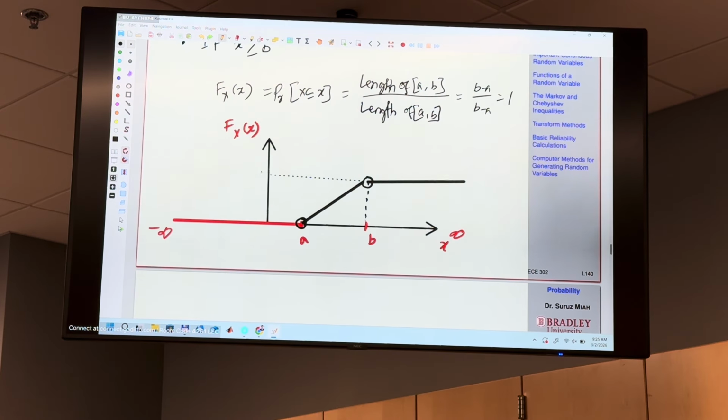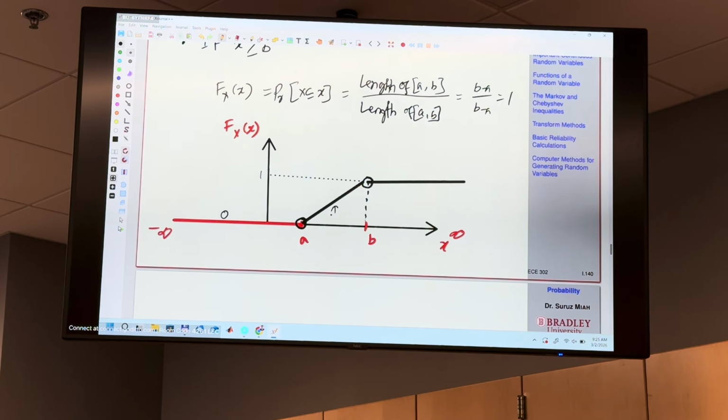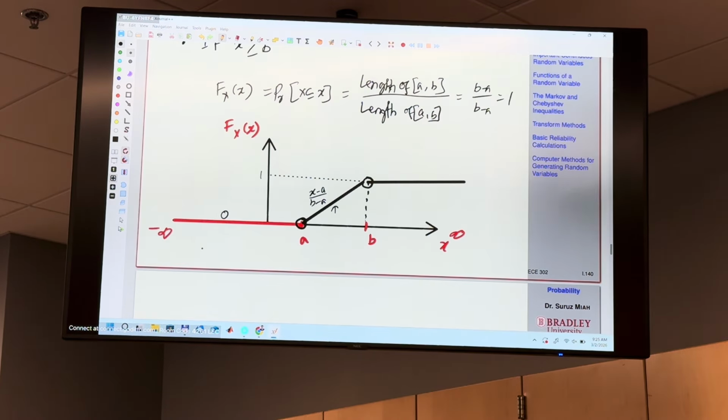This point is your 1. And here you have 0. So this one is basically x minus a over b minus a. So you can graphically show the CDF as such.